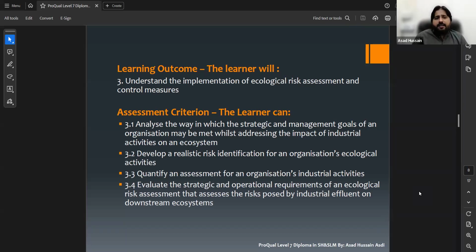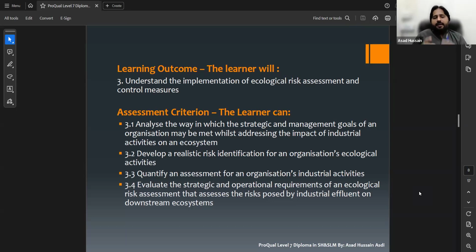Assessment criteria 3.1: analyze the way in which the strategic and management goals of an organization may be met whilst addressing the impact of industrial activities on an ecosystem.